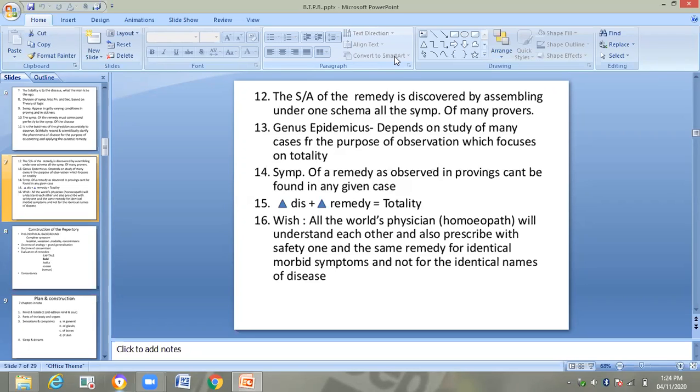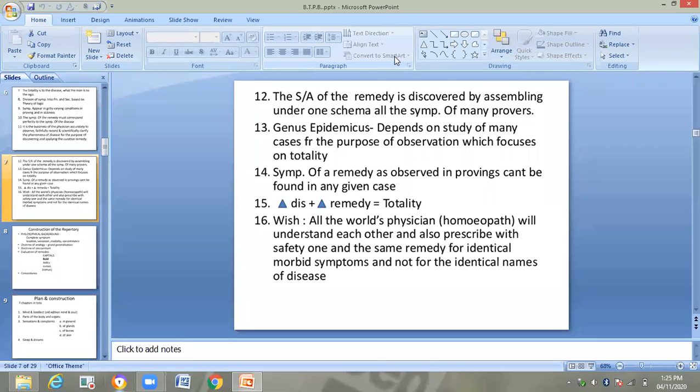They could not get each and every symptom as a complete symptom with location, sensation, modality, as well as concomitant.